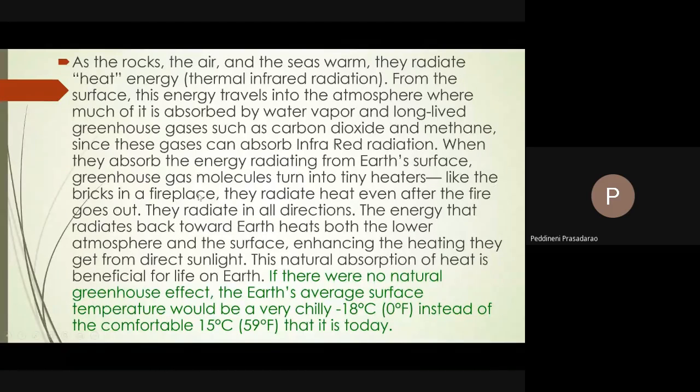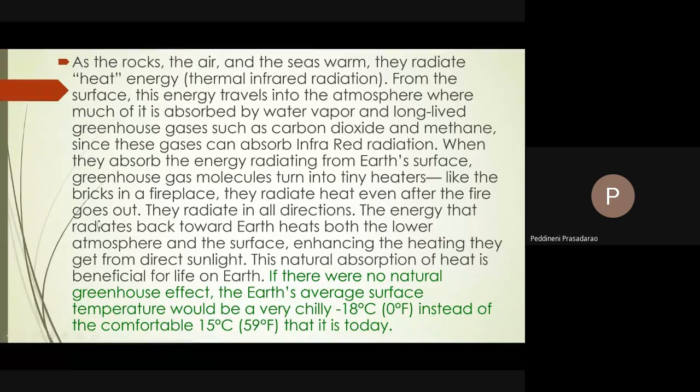If you observe a brick fireplace, when the energy is available, all the bricks absorb this energy, and even once you take out the energy source, these bricks radiate this energy because they contain some energy in them. That's why they dissipate this energy in all directions. The same thing is happening here. They radiate in all directions.